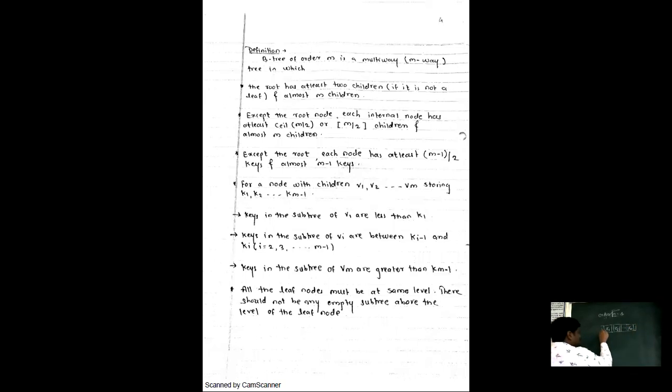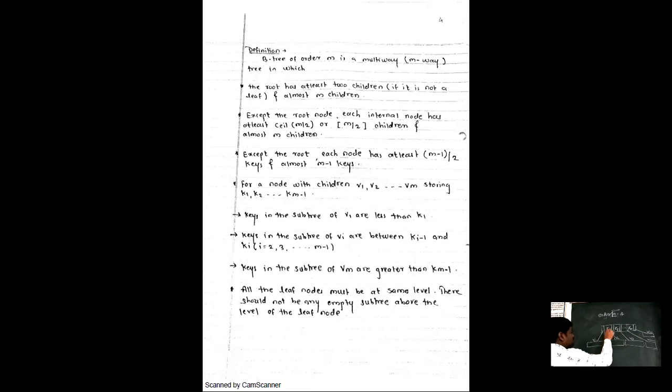This child is called V1, this child is called V2, this one is V3, and here is V m minus 1, and here is Vm. Is it visible to all? Yes, sir. So these are the children.